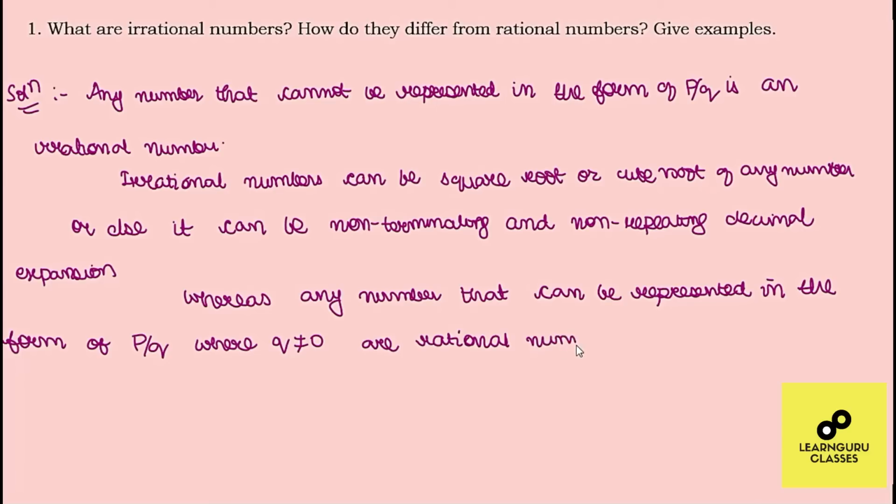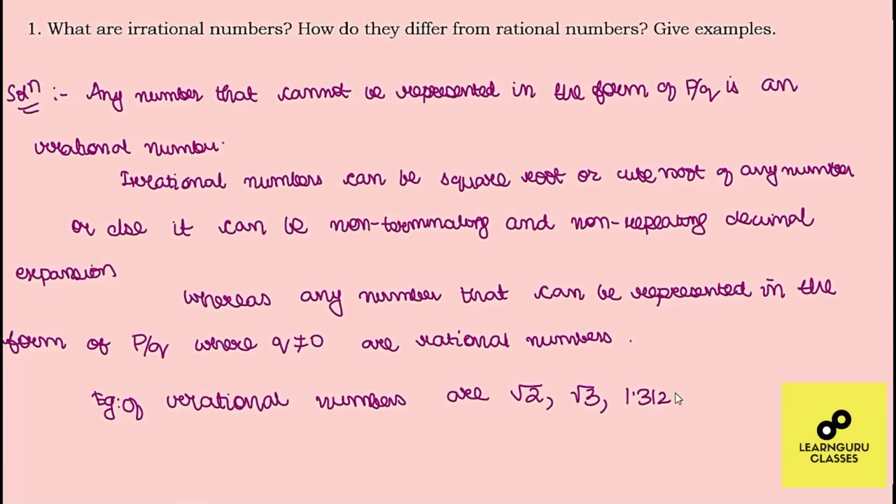Give examples. Examples of irrational numbers are root 2, root 3, and 1.3122333222111333222, which is an example of a non-terminating and non-repeating decimal expansion. So these are irrational numbers.